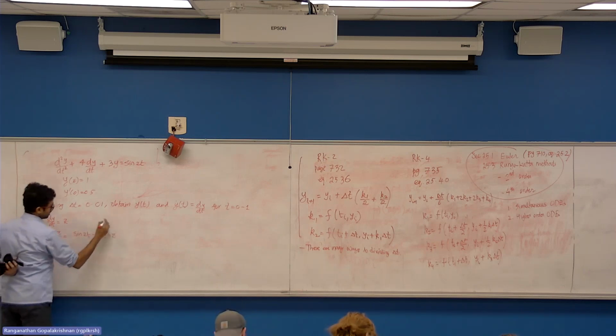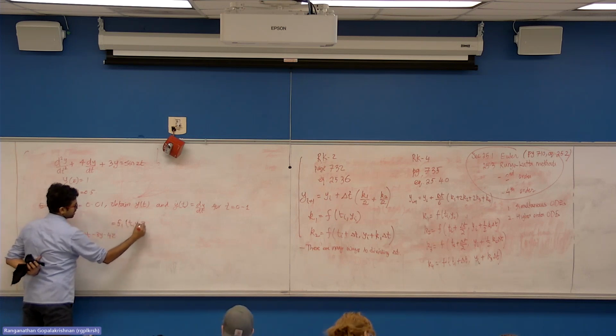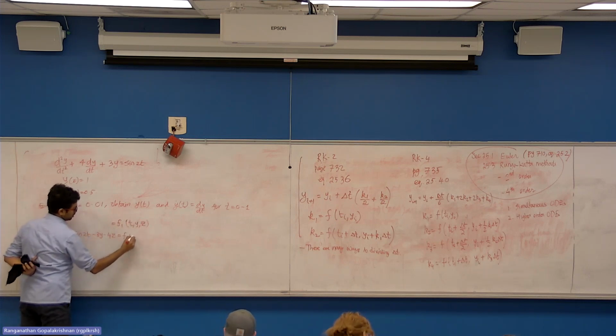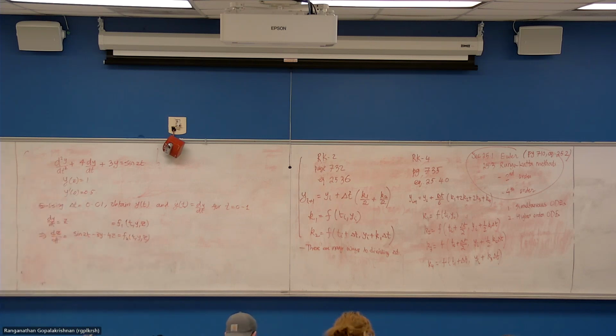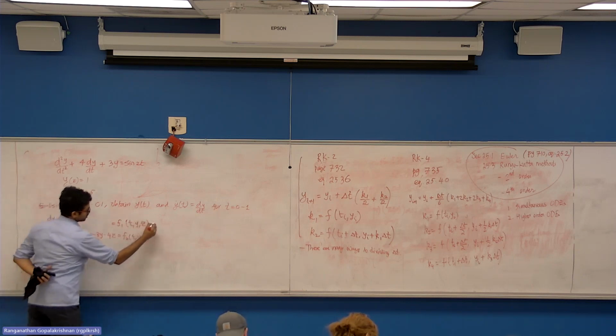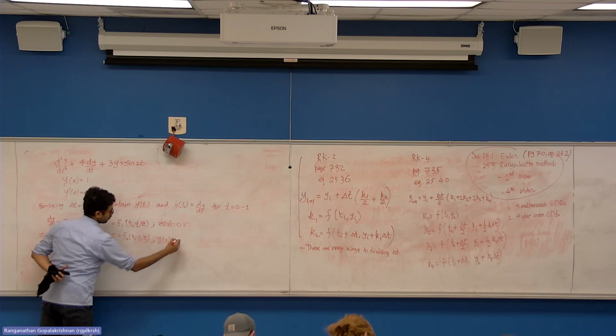We'll call these f1 of t, y, z and f2 of t, y, z. Initial conditions: z of 0 equal to 0.5, y of 0 equal to 1.